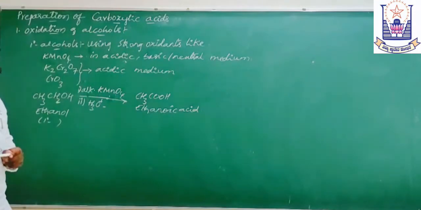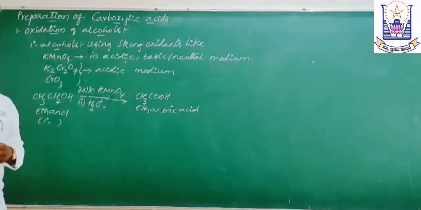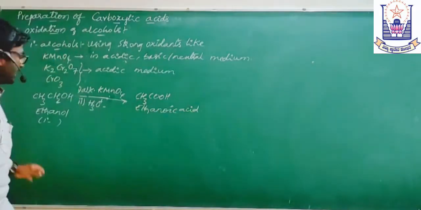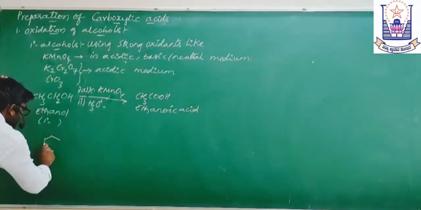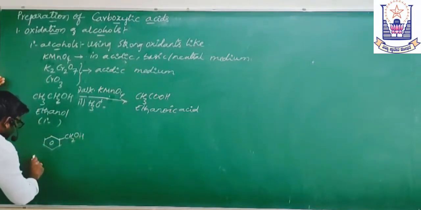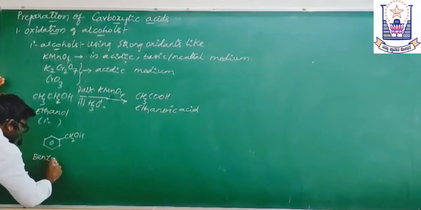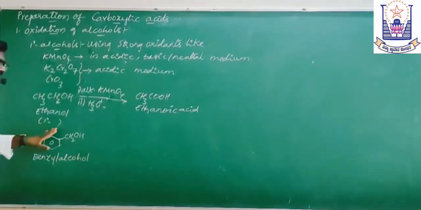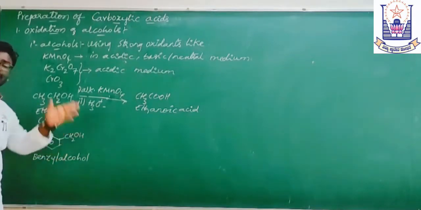Ethanoic acid. Similarly, we can convert benzyl alcohol to benzoic acid. The common name is benzyl alcohol, and the IUPAC name is phenyl methanol.